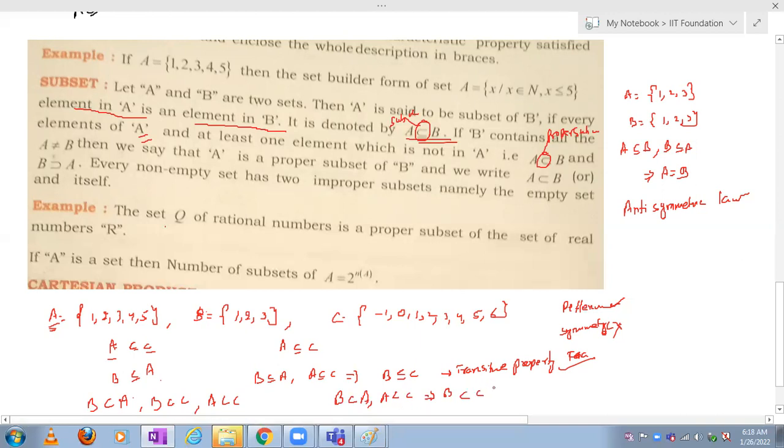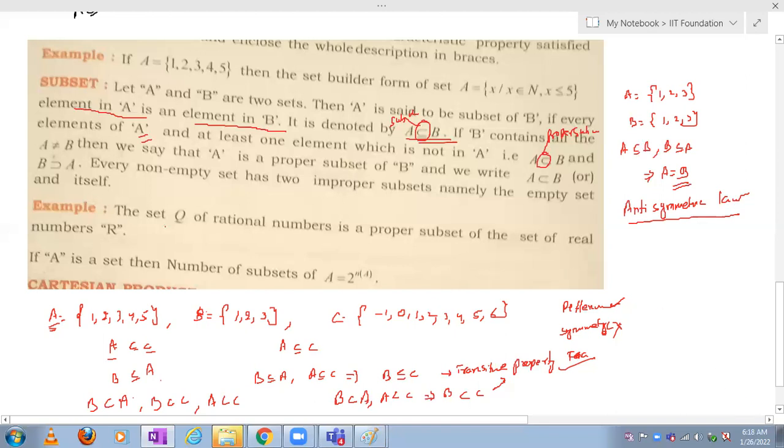This proper subset also obeys transitive property, but proper subset does not obey symmetric property at any cost. Here this is exception. A is subset of B and B is also subset of A, but it is possible when A is equal to B. That's why anti-symmetric law, we will say this one.